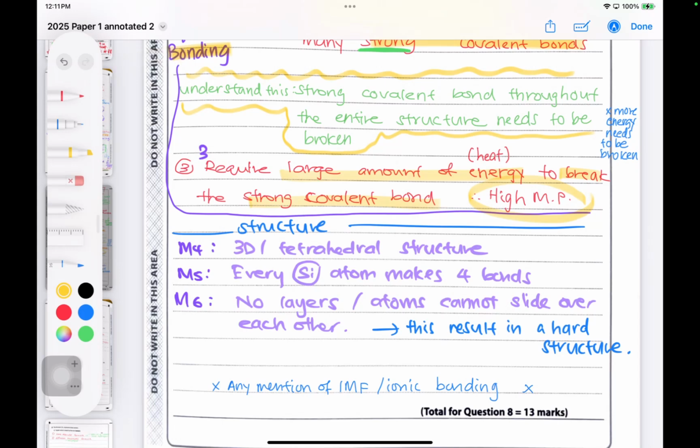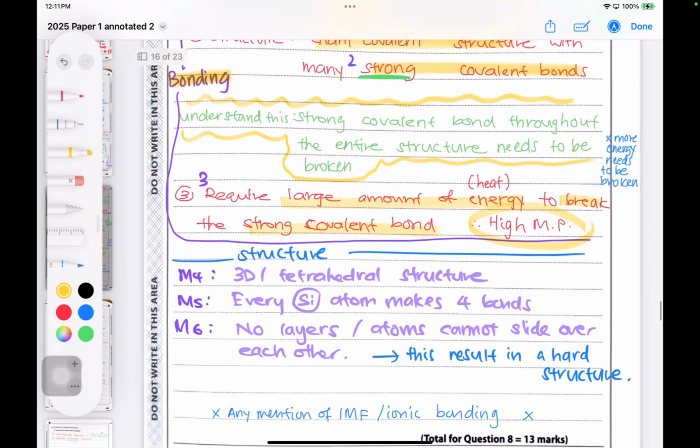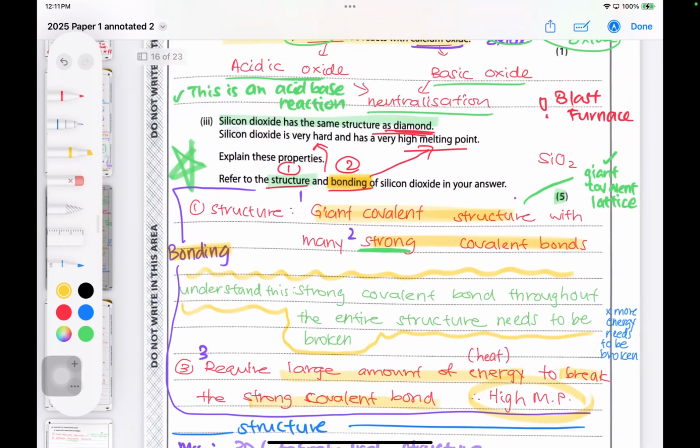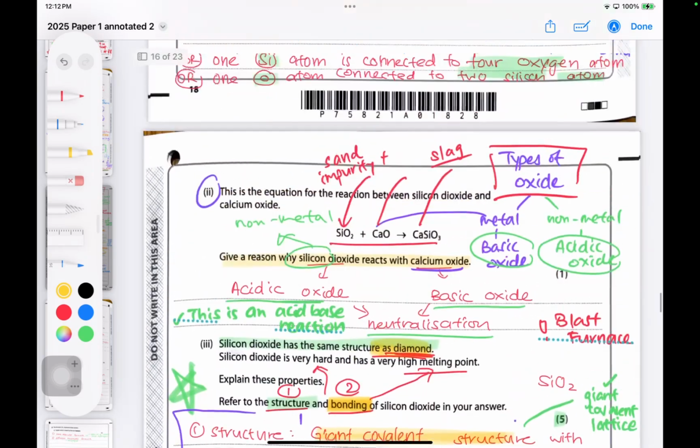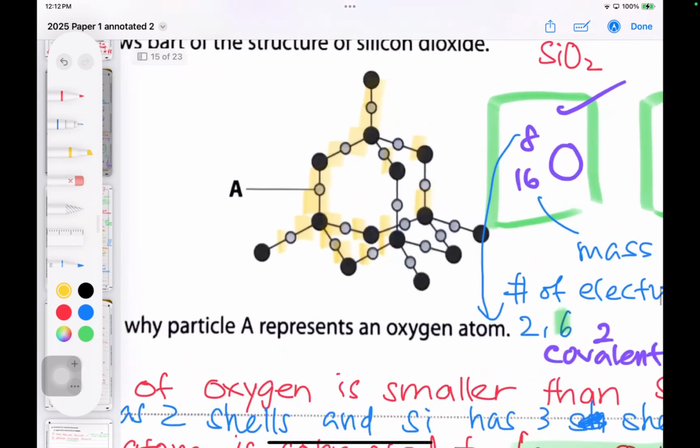So what kind of structure is this? If you are stuck, then look around. What is the information given in the question? The information here is diamond. So if you cannot recall what the silicon dioxide structure is, I'm sure you can recall what diamond looks like, right? Diamond has a tetrahedral structure. The word tetrahedral means it is connected to 4 other things. So what in this case is connected to 4 other things is the silicon atom. If you're not sure, the diagram is supposed to help you here.